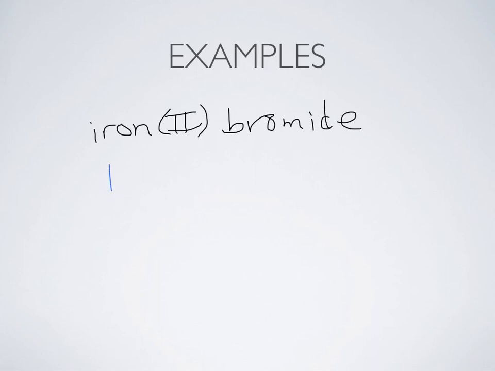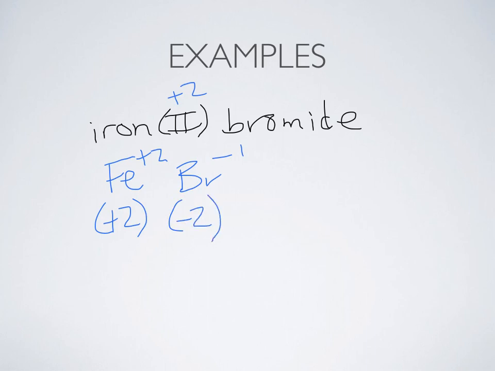Iron is Fe. This means +2, so I'm +2. Bromide is -1. So my overall is +2, -2. I need 2 of these, and just 1 of those. So my final is FeBr2.